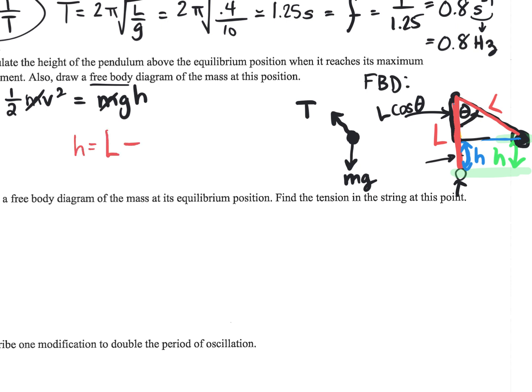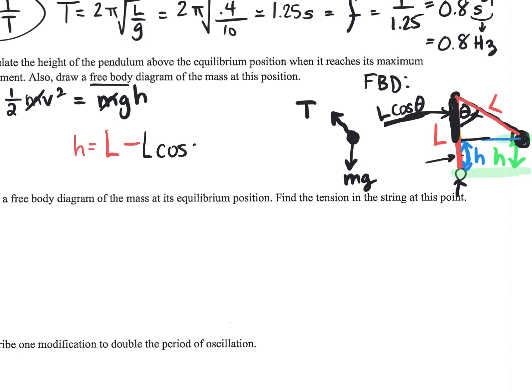And if I take away the chunk here, what is that length? Guys, we used trig to find that length. We just said that length was what? L cosine theta.